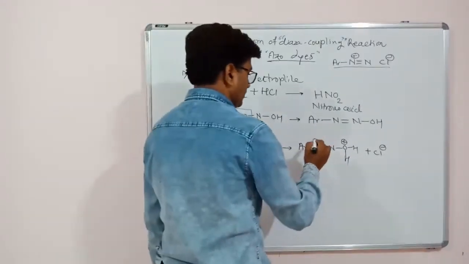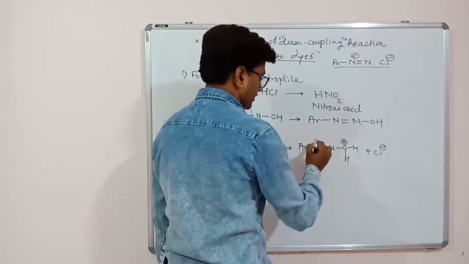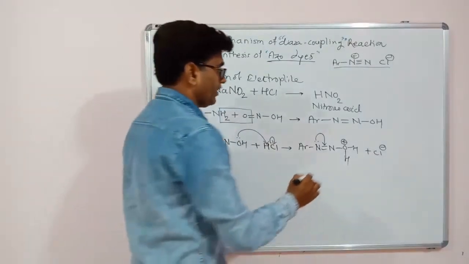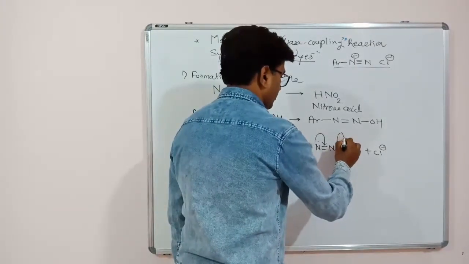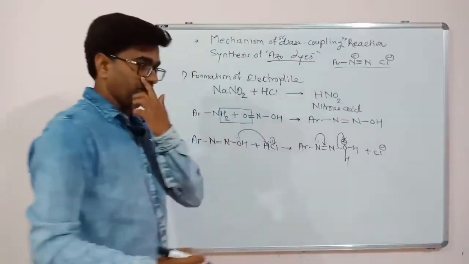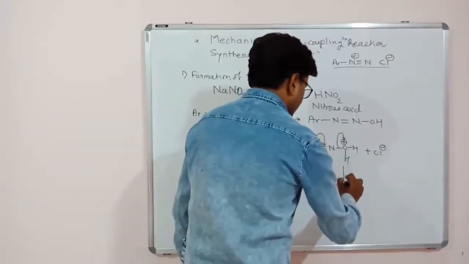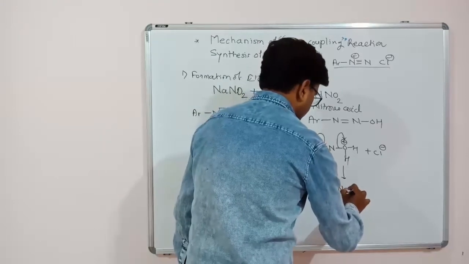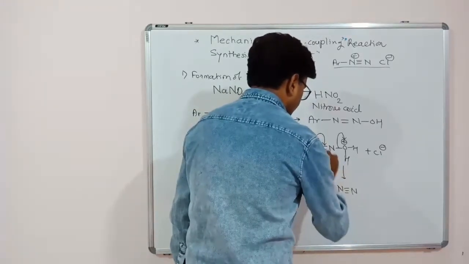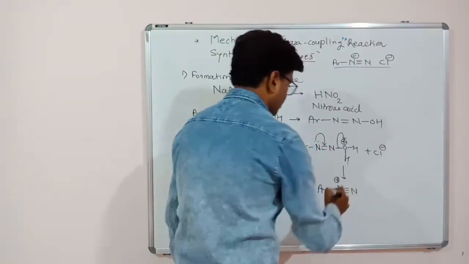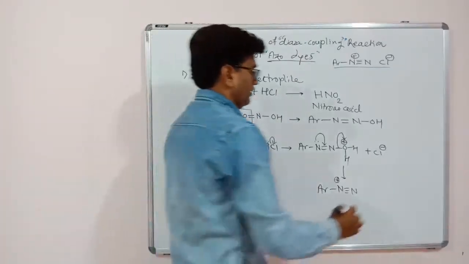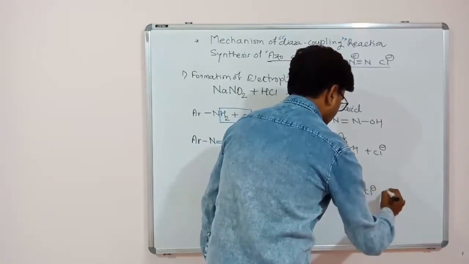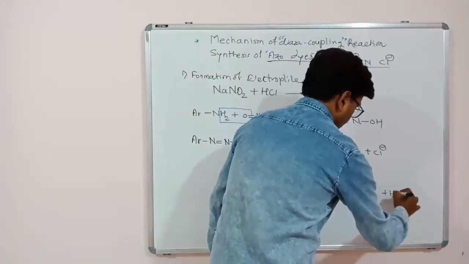Then the lone pair of this nitrogen comes inside, so the double bond becomes a triple bond, and this bond will break, with H2O as a byproduct. So what we will get is ArN triple bond N, with the lone pair lost and a positive charge on this nitrogen. This positive charge is stabilized by the Cl minus, plus H2O.